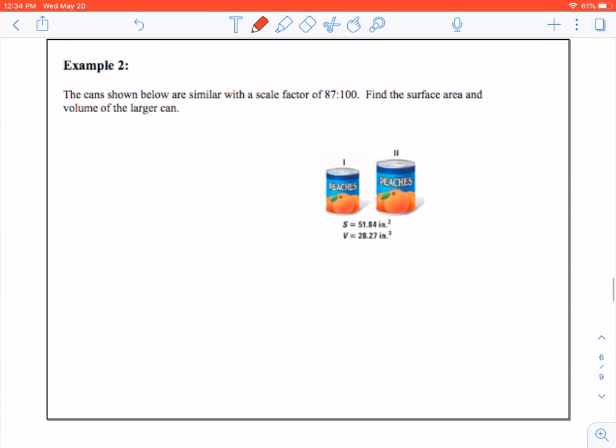Take a look at example 2 then. It says the cans below are similar with a scale factor of 87 to 100. Now, unfortunately, that does not reduce. So, when I go to find the ratio of my surface areas, I have to take that 87 and square it. I get 7,569.